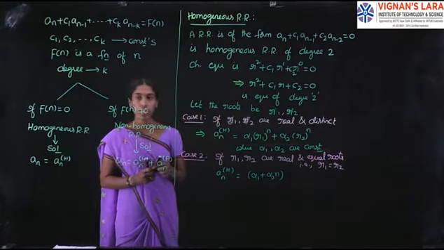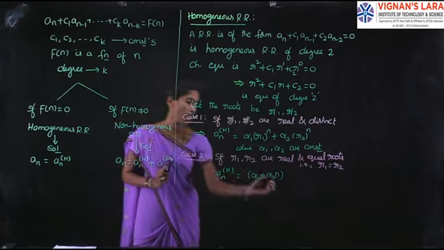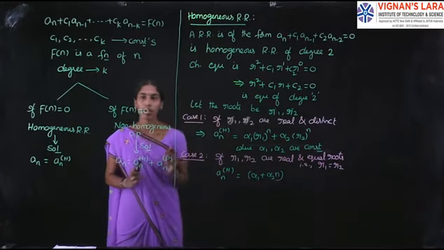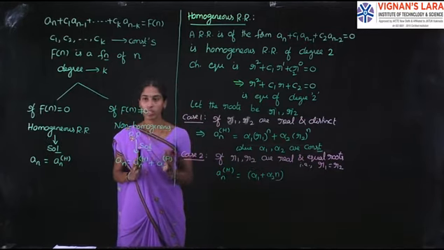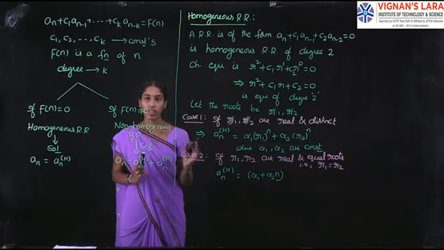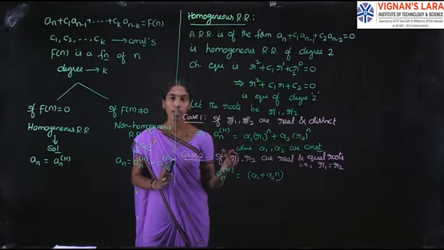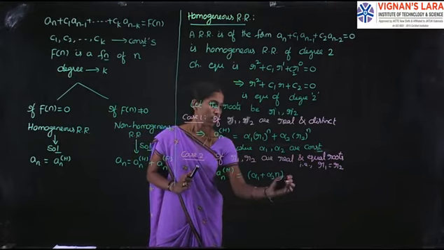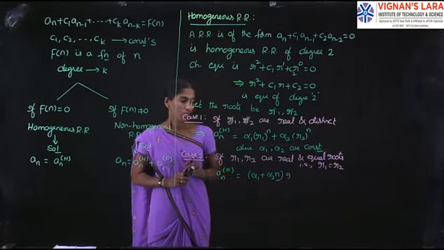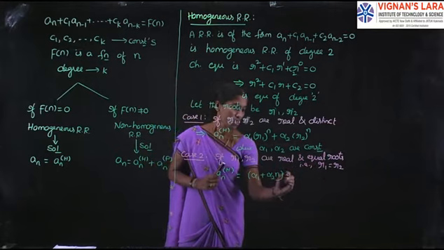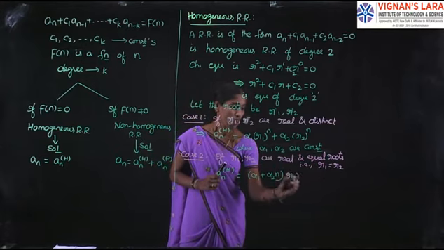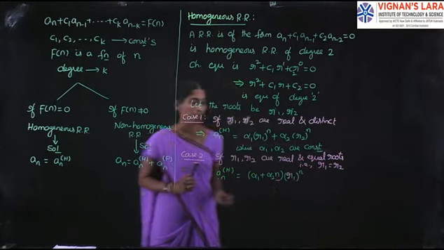Whenever the root is repeated twice, we have alpha 1 plus alpha 2 n. Suppose a root is repeated thrice, then alpha 1 plus alpha 2 n plus alpha 3 n square, right? Into, because both are the same, r1 to the power n, right?